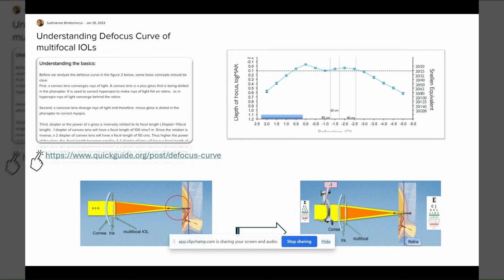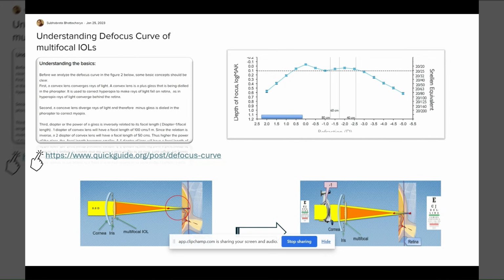We are not trying to see what the patient is saying. So therefore, you best correct the patient to 6 by 6 so that you only test the lens performance, keeping all other confounding factors aside, right?